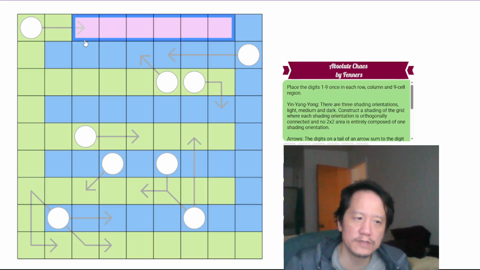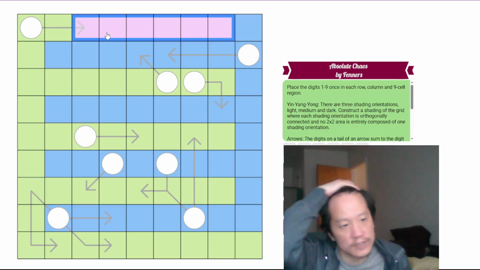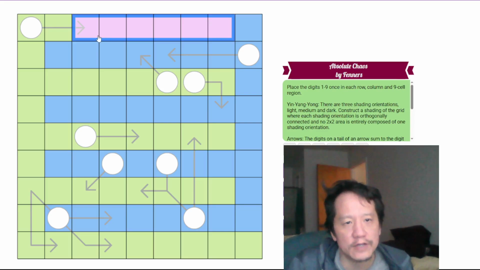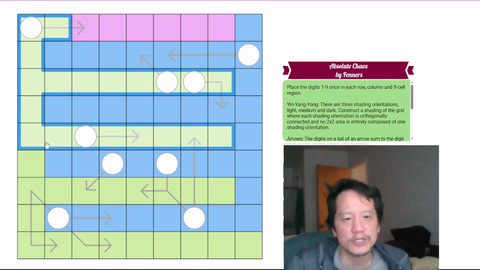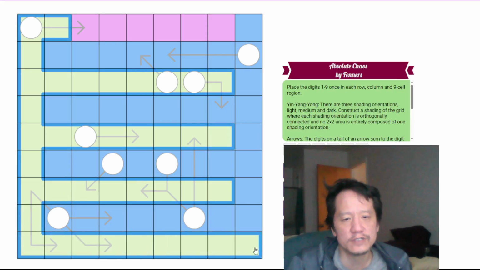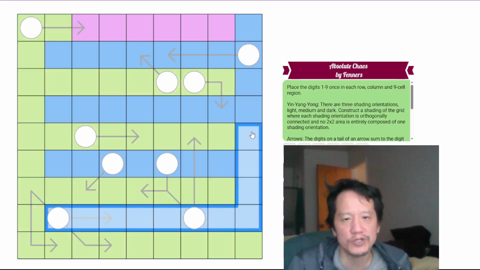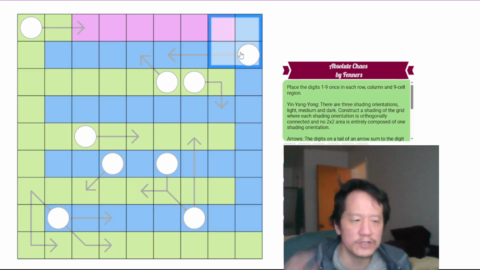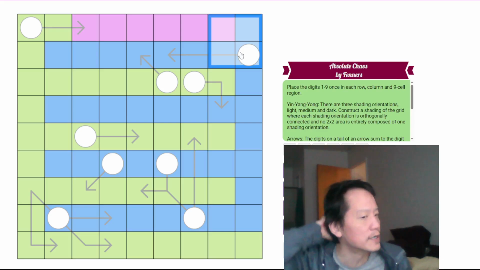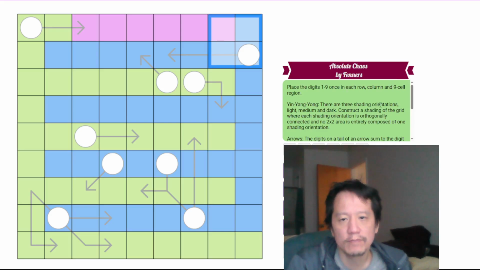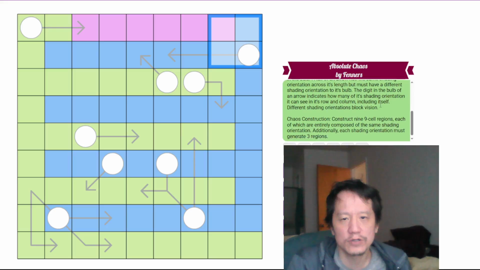From any cell in this region, you can stay in the region and connect to any other cell in that region by traveling through edges. And same with the blue region. And none of the 2x2 areas in the grid contains only one shading. And that's how yin yang yang works.